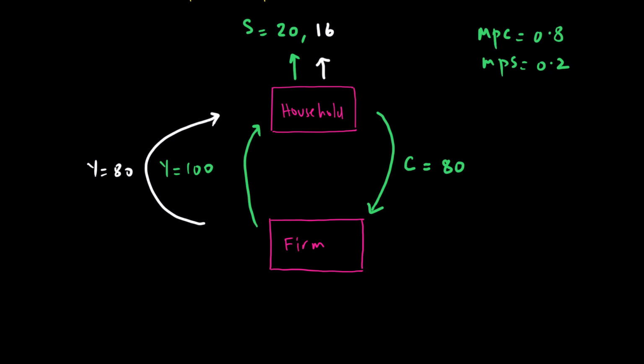That means consumption will now be 80 minus 16, because 16 of the 80 is withdrawn, so consumption will now be 64.